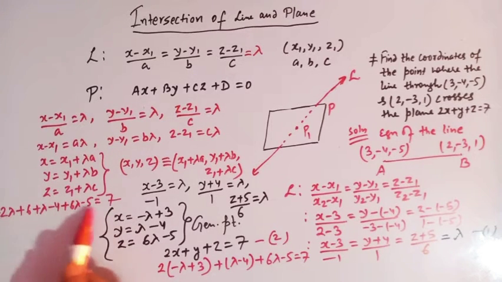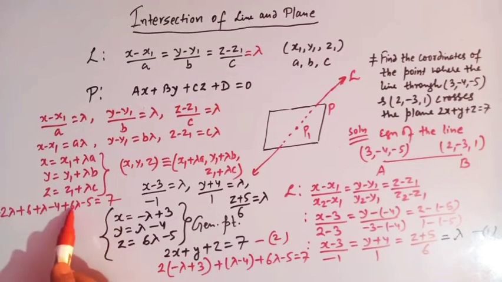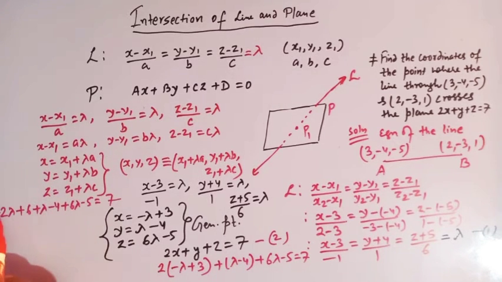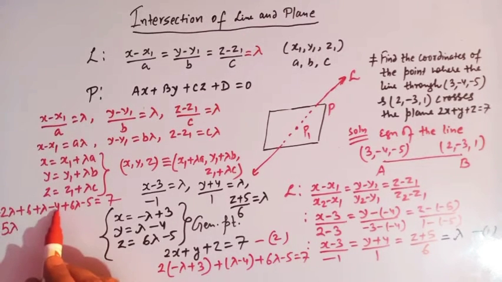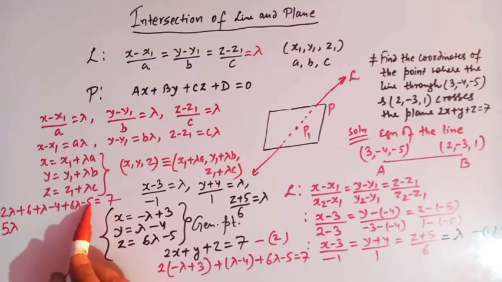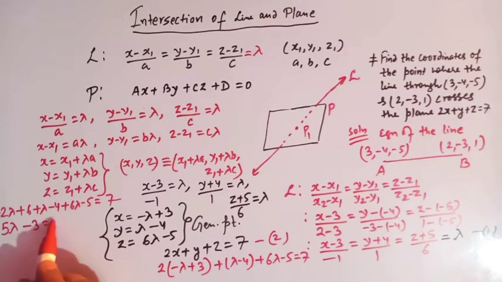If we solve this equation in lambda, we have minus 2 lambda plus lambda plus 6 lambda, that is 5 lambda, and 6 minus 4 is 2, 2 minus 5 is minus 3, equal to 7.